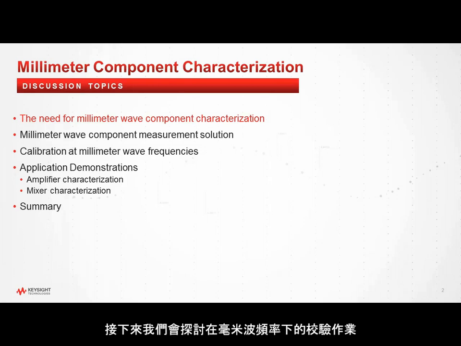And then once we've done that, we'll look at the calibration at millimeter wave frequencies. As you know, most of these systems aren't ideal, so calibration is a required part of the process when making these measurements. And then look at two application demonstrations, as I said, the amplifier and then the mixer, and then a summary of the presentation.